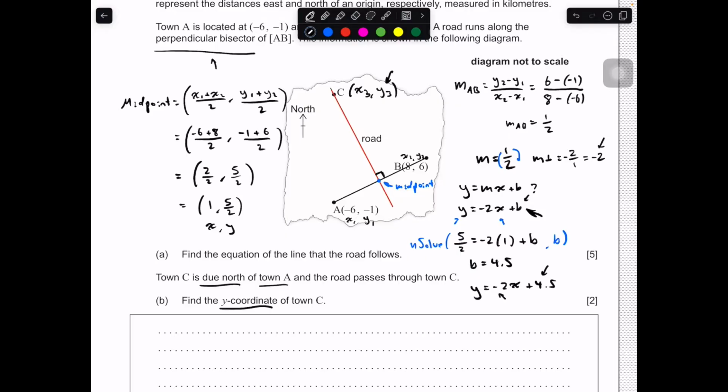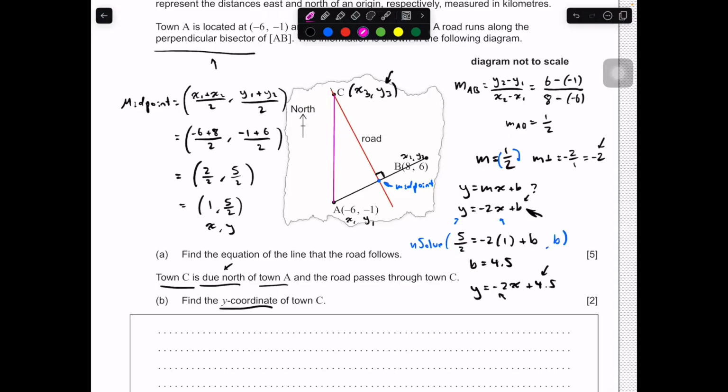We know that town C is due north of town A. And so what does that mean? Due north means directly above. So we head not east or west in any way, but just directly north. So here we are at town A, and we go directly north, and then we reach town C.